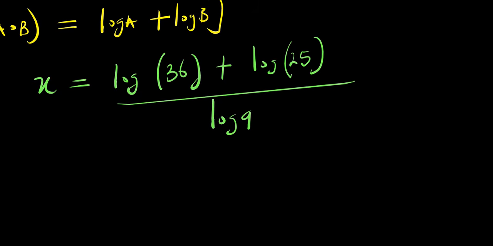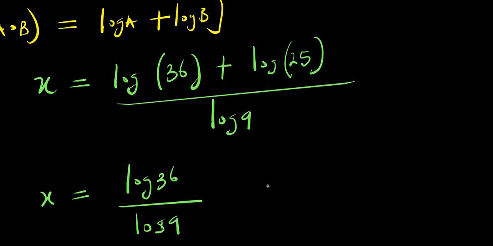So from here, you have x equals log 36 divided by log 9 plus log 25 divided by log 9.